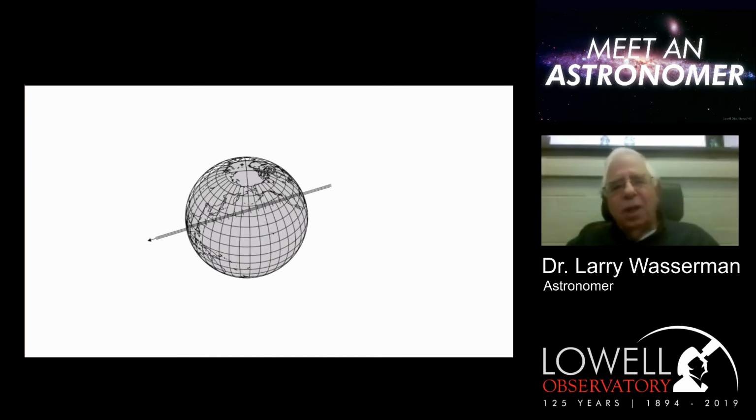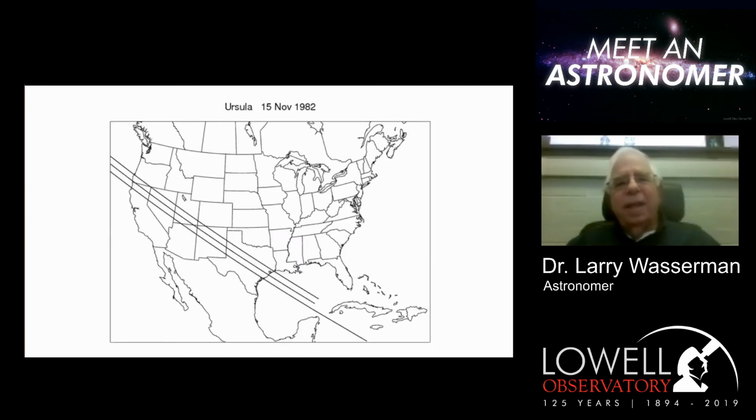We can do a close-up on that map and see that it's 1982, I'm sorry. This is the asteroid Ursula, 375 Ursula, which crossed this track in 1982. And it came fairly close to us in northern Arizona. At the time, we were trying to observe asteroid occultations, and we actually did observe this one.